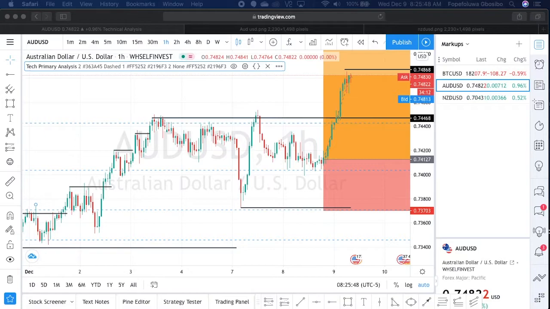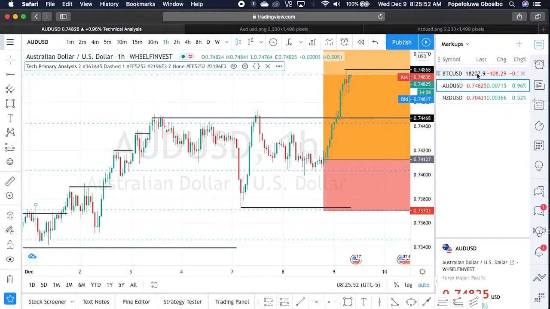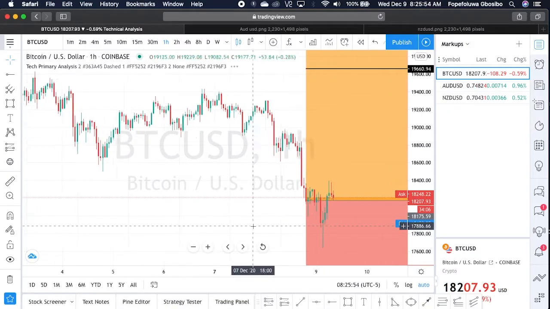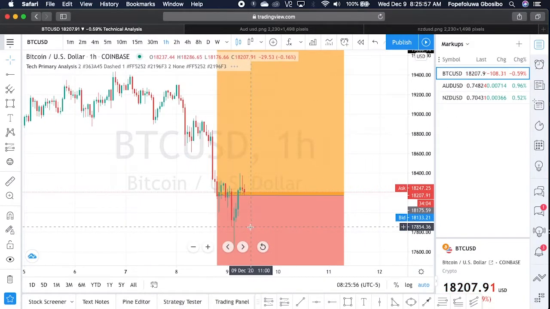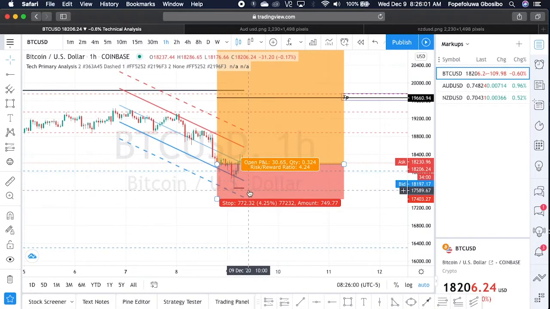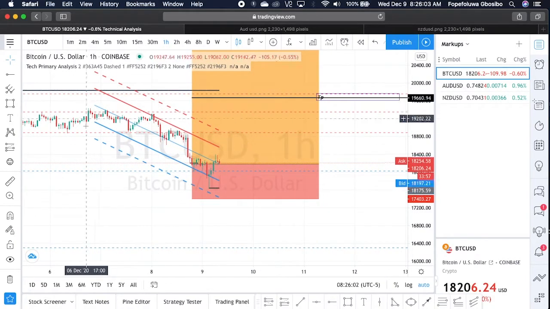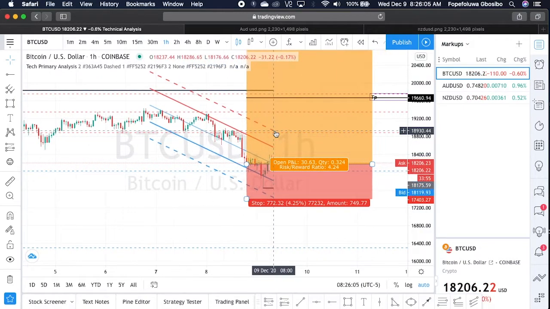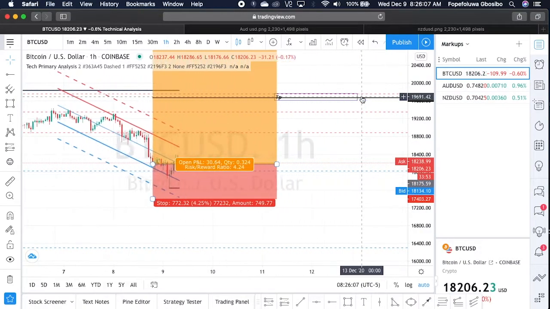I also took BTC USD. It's currently in profit, but it's not in big profits yet. It's not negative, but it's not in much profit. I'm going to explain why I took those three trades, and I'm going to watch this one at TP2.